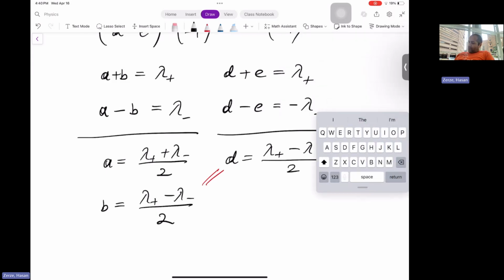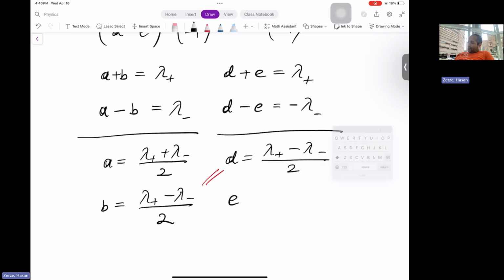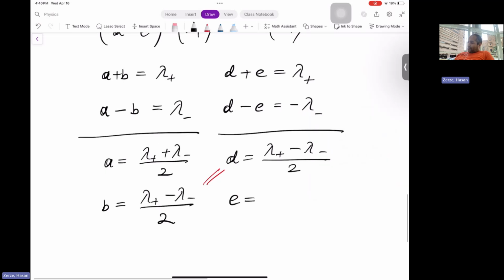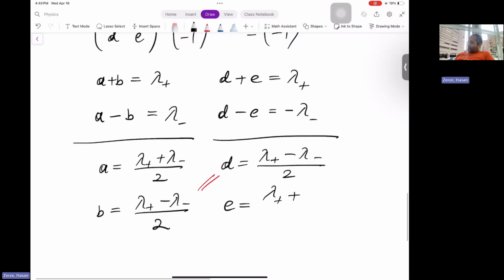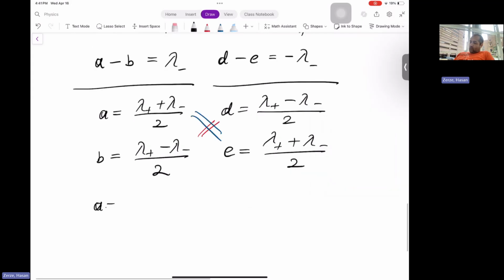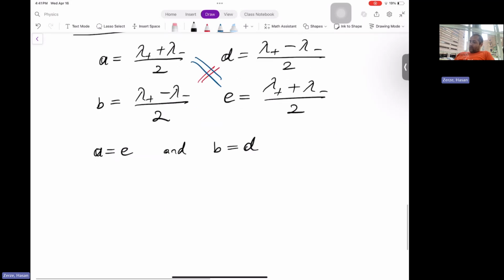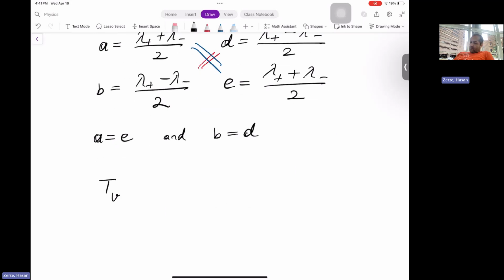And then we found E equals (lambda plus plus lambda minus) divided by 2. So these two must be equal. So A equals E and B equals D. So our transformation matrix will take the form (A, B; B, A). Okay, so this is one clue.